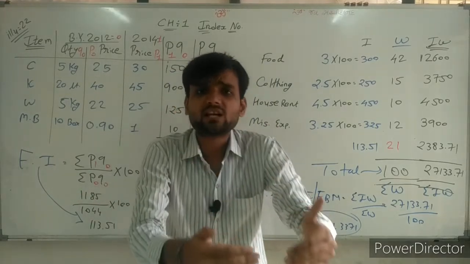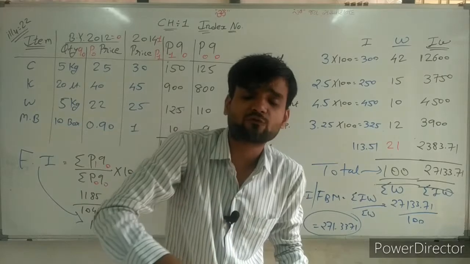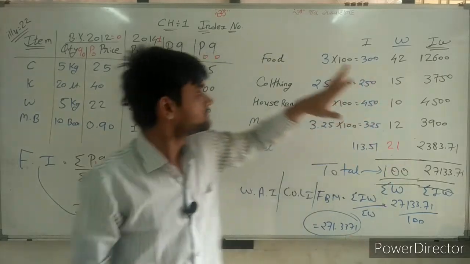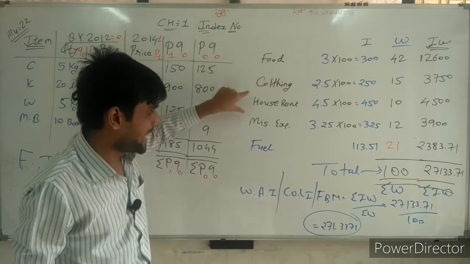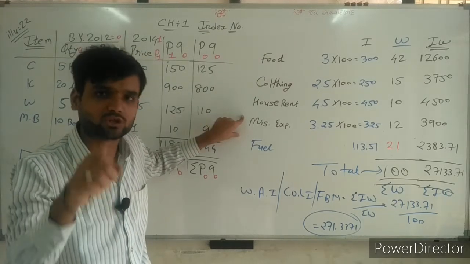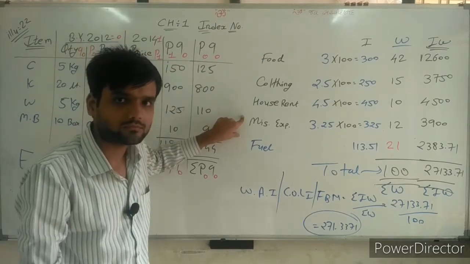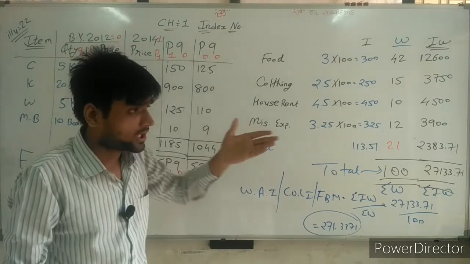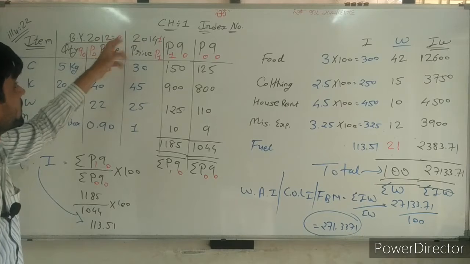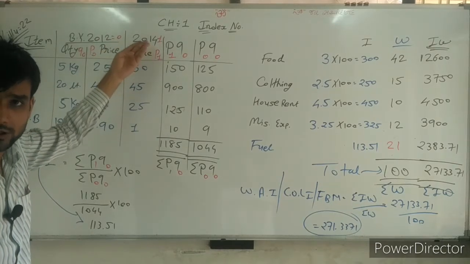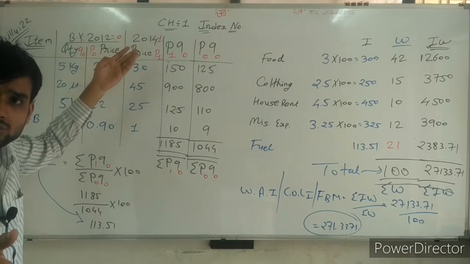Then after, additional information is given. In that additional information, what is given? Food, cloth, house rent and miscellaneous information is given. Compared to 2012, in 2015, because here also 2014, sorry. So here 14, then there is also 14.